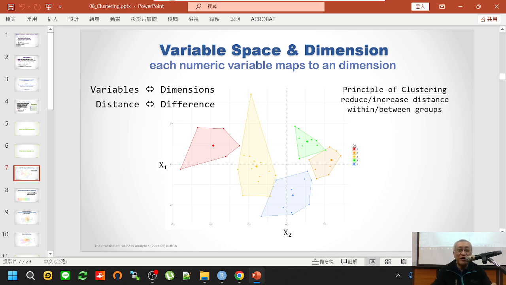And the x2 variable, its value can be up to several thousand or several millions, right? So the scale of x1 is very small, and the scale of x2 is very large, right?